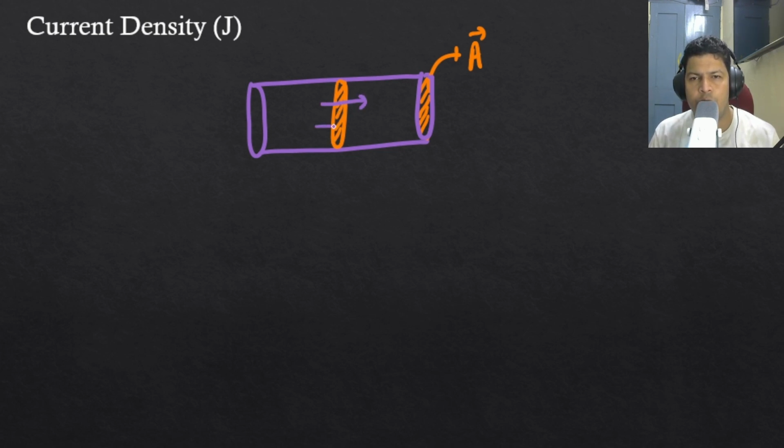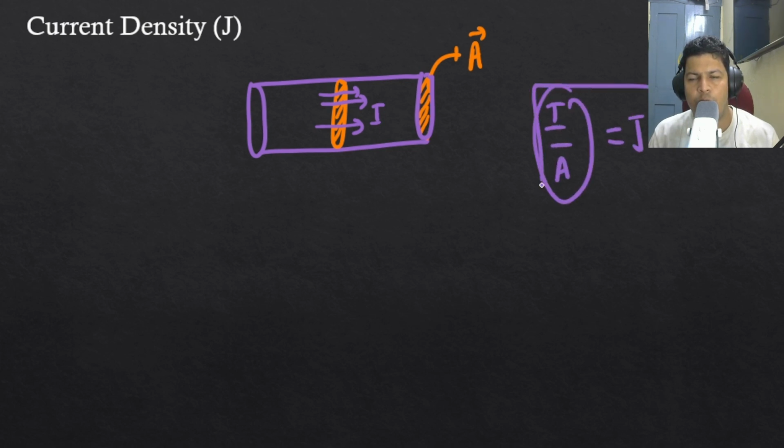So current is crossing this area. That is perfectly okay. So this current per unit area will be current density. Current flowing through per unit area is called current density, but actually it's a vector quantity.